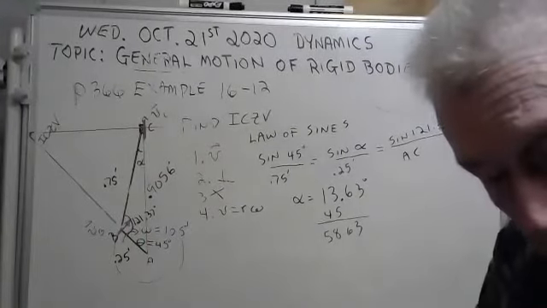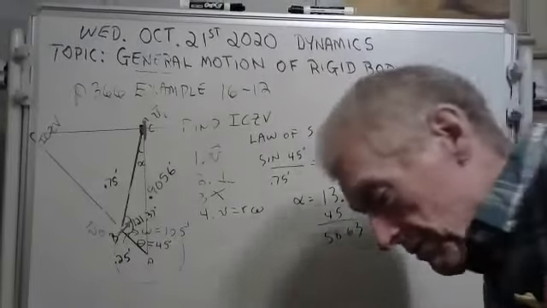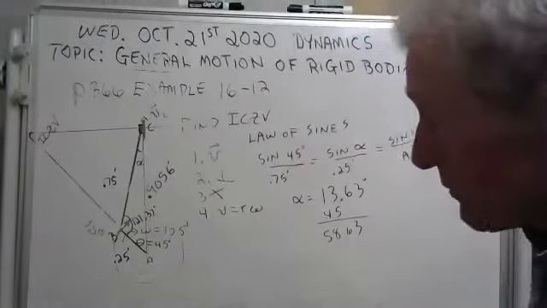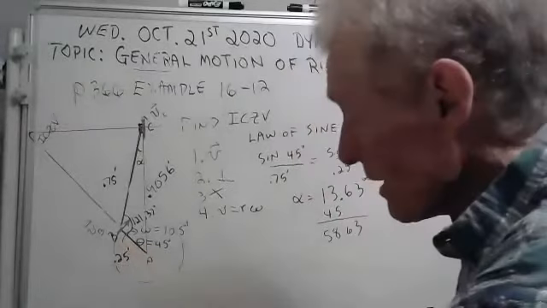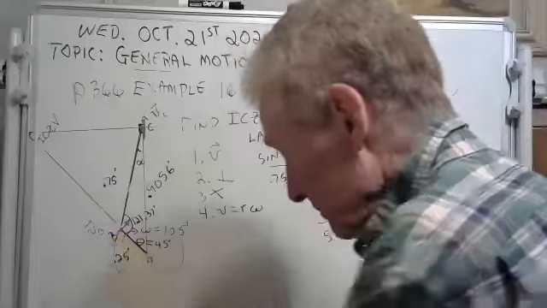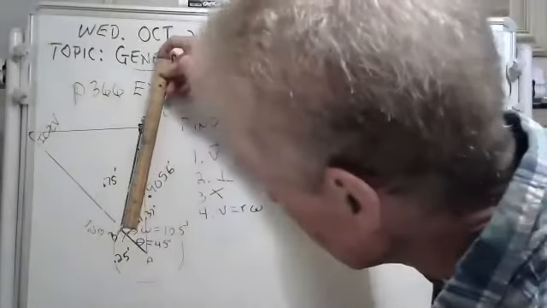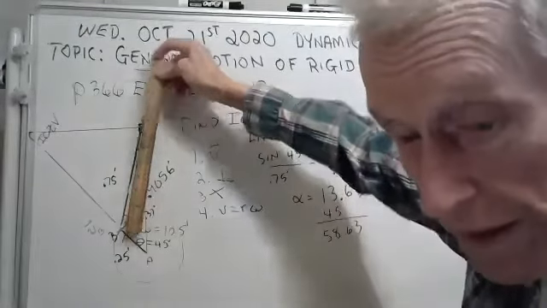Now here's how you can check this. I did this thing to scale. I measured 2.5 inches for the 25 feet. I measured 7.5 inches. I don't know if you guys can see that, but I can.